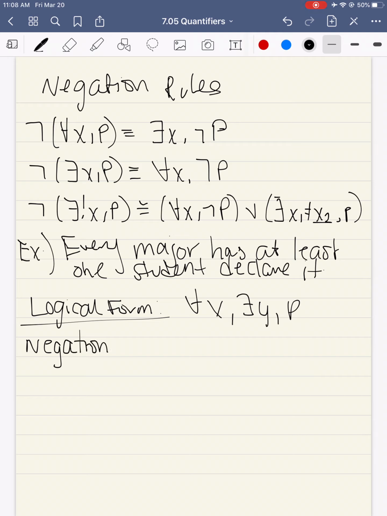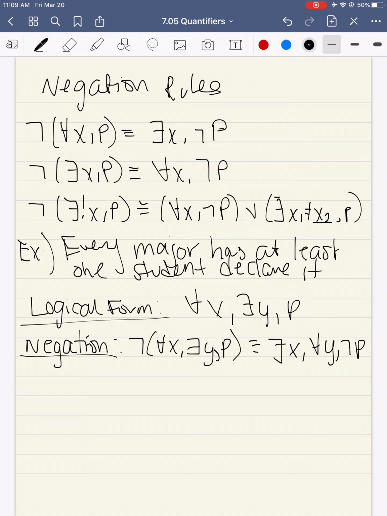So the negation of this would be, let's just rewrite what we have here. This is going to be logically equivalent to there exists x for all y, not P. And then we want to rewrite this in plain English.